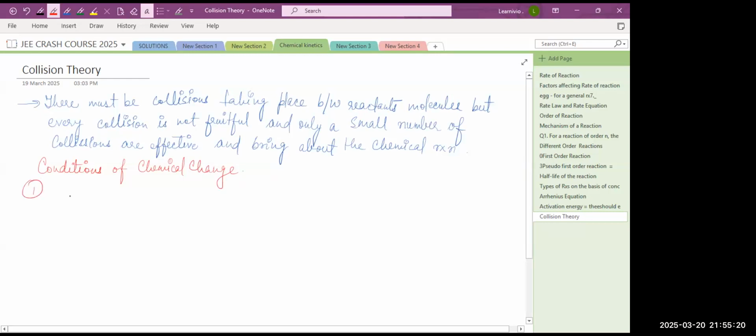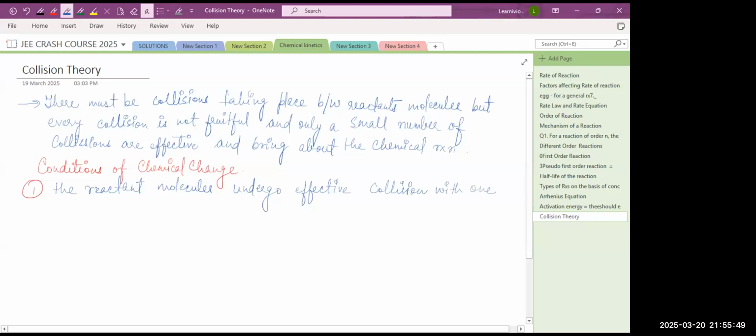Condition first is the reaction will proceed if the reactant molecules undergo effective collision with one another.